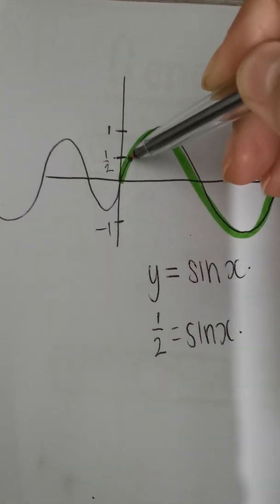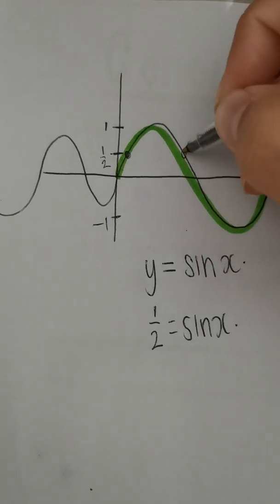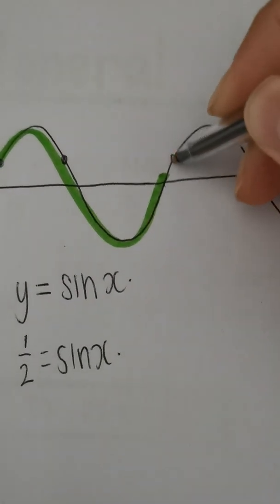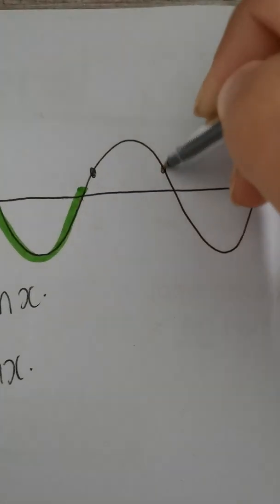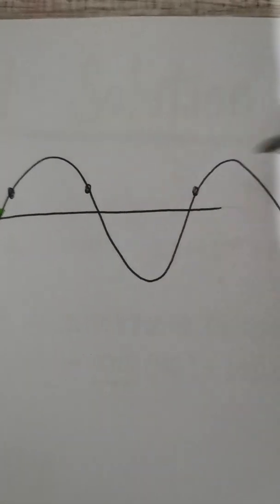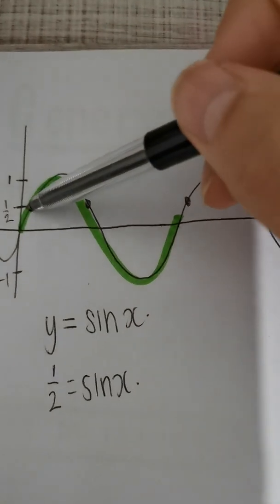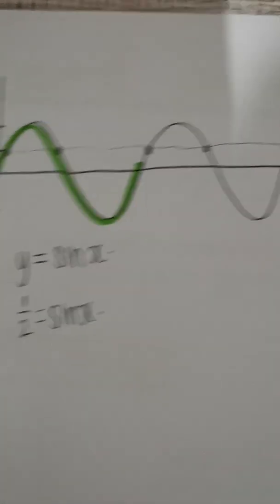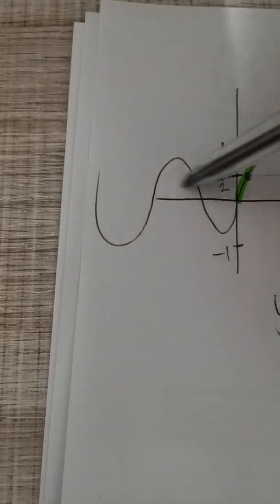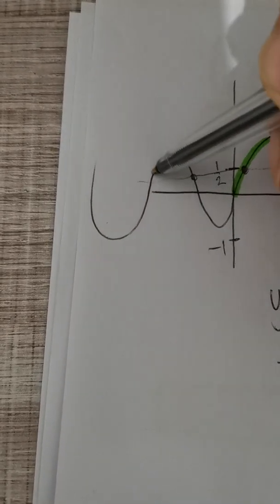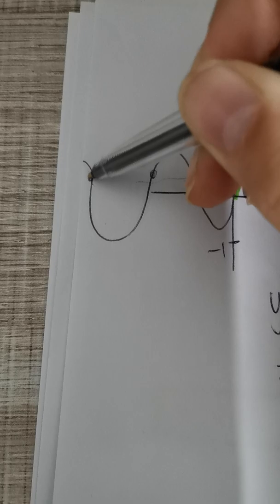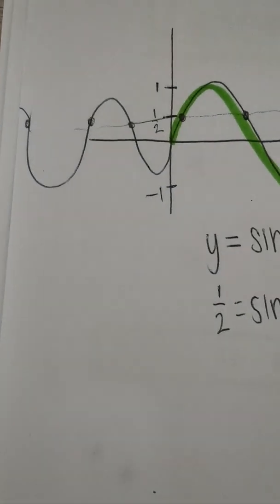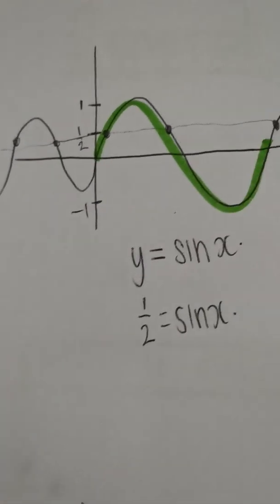So you agree with me that my solution is somewhere here, somewhere there. It's repeating itself again, somewhere there, somewhere there. It's repeating itself there and there. I'm basically asking for all the solutions where it's equal to half. So it's all of those solutions. And it's not only on the positive side, it's extending onto the negative side. Let's say this continues there. It's asking for all those possible solutions.